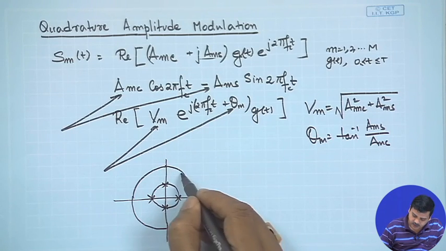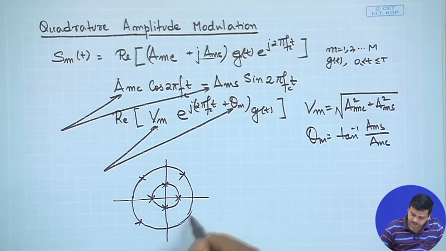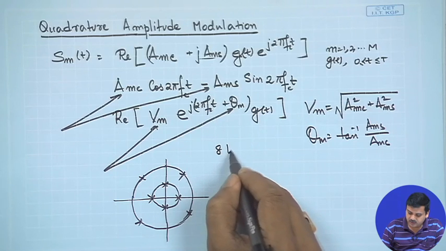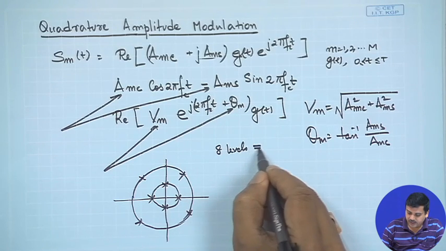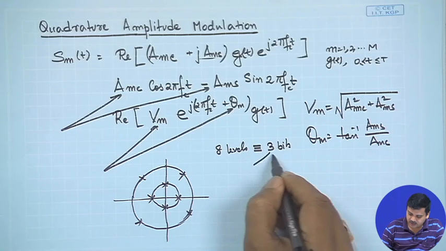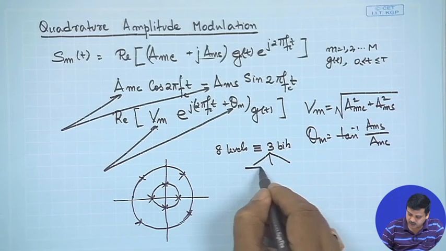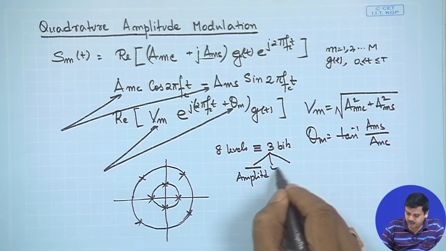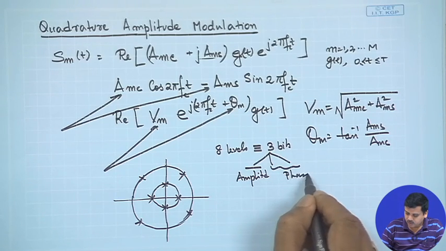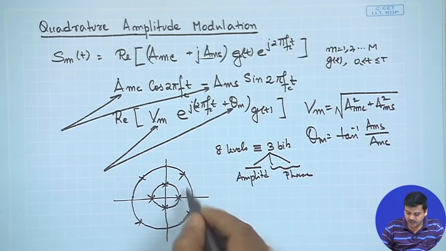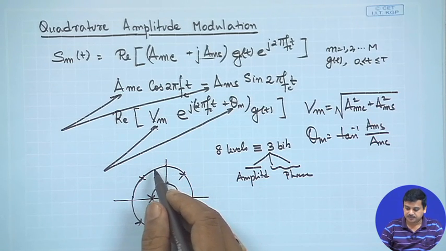Together you would get 8 levels, or 8 symbols, which would mean 3 bits, and we said these 3 bits can be broken into 2 parts, one for the amplitude and the other 2 for the phase, and there could be a coupling, right? For a certain amplitude, phases are these, and for the other amplitude, these are the phases.